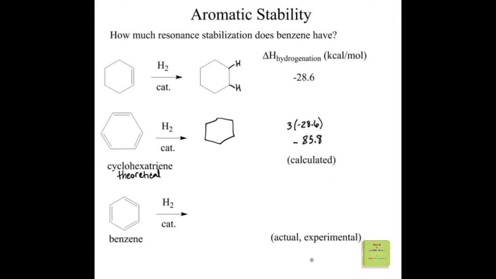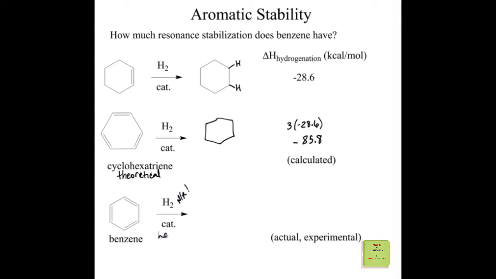So then when we go to do the experiment, the molecule that has 3 double bonds in a ring is called benzene. If we take benzene and do a catalytic hydrogenation, suddenly we find there's no reaction. Remember, we just said it doesn't react like an ordinary alkene. So this is a difficult reaction to do.